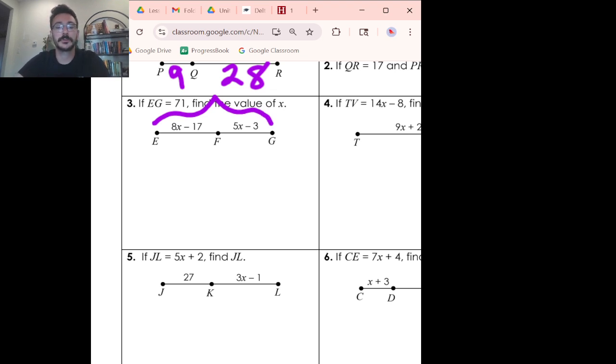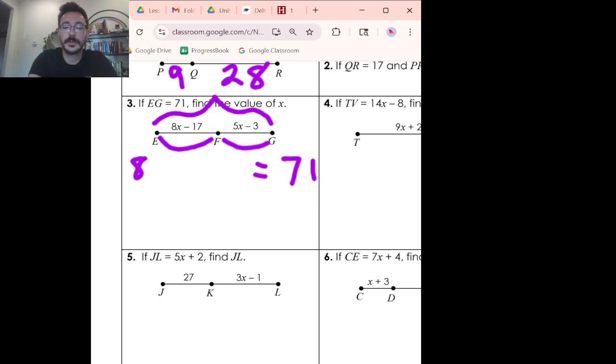Find the value of X. So we know the entire thing equals 71. We might not actually solve the problem, but I can show you how to set it up. We know the two pieces add together to give you 71, because that's what the segment addition postulate does.